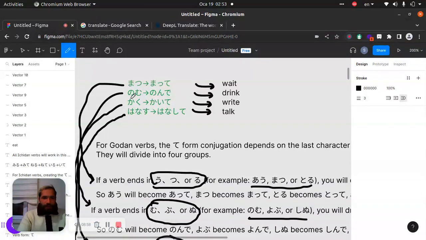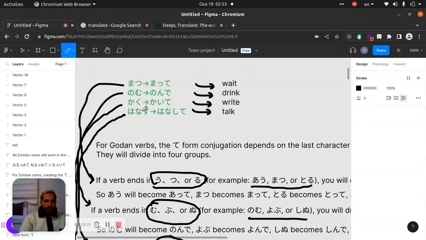In this case, we have nomu. It means drink. Sometimes we use nomimasenka, like you want to drink something: ocha o nomimasenka, like that. Anyway, nomu in this case will be drink, and we will change it to nonde.